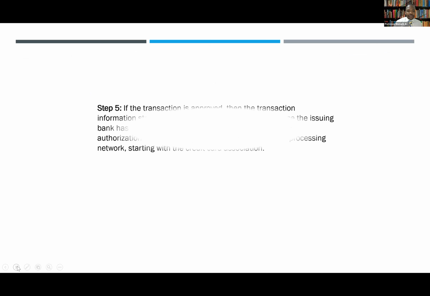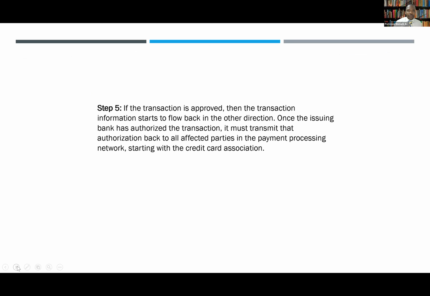Step number 5. If the transaction is approved, keyword if, the transaction is approved, okay? Then the transaction information starts to flow back in another direction.